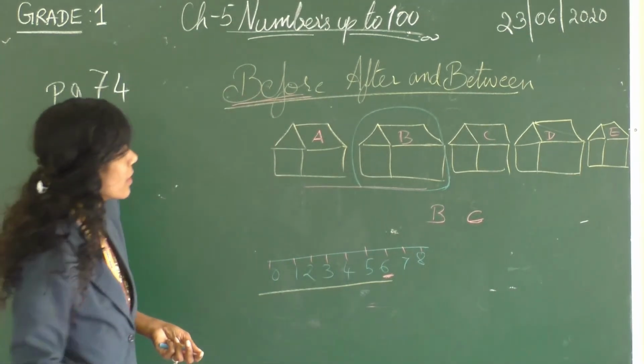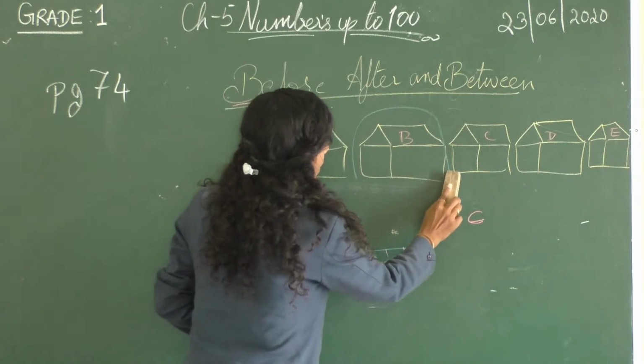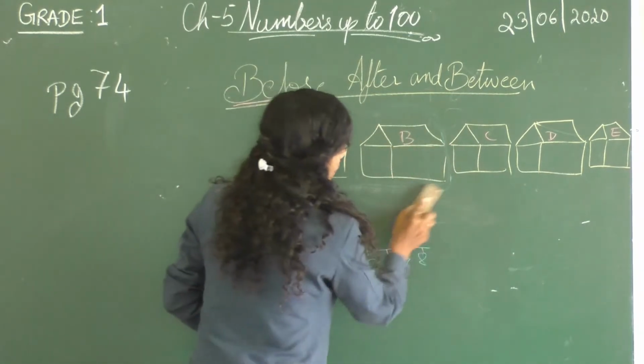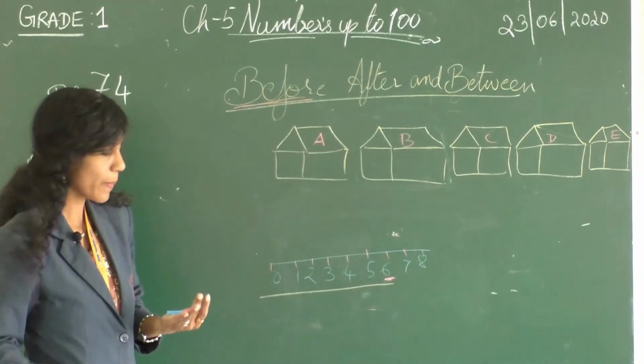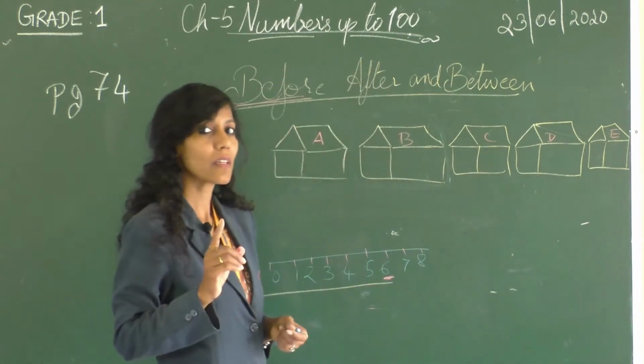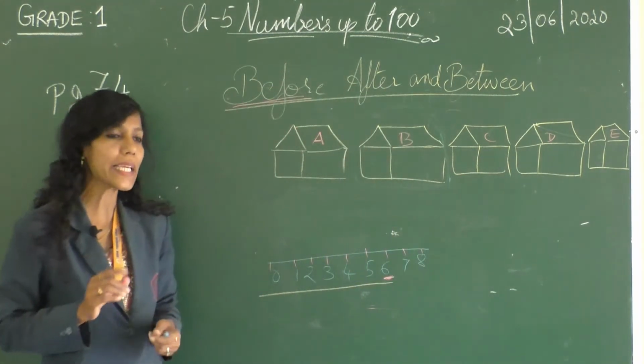Now, next one. Which is the house which comes just before E?